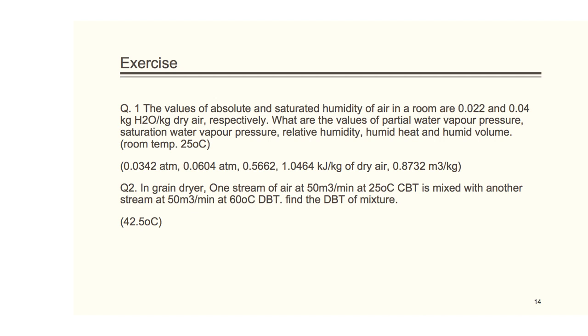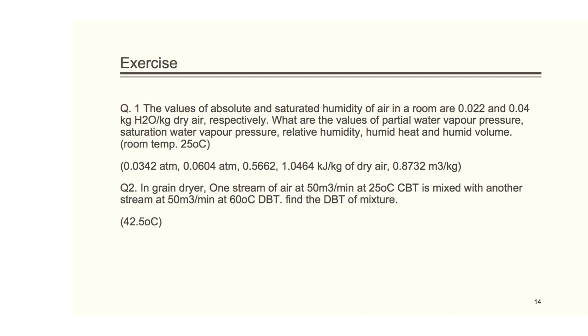Humid heat, we have the formula as 1.005 plus 1.88 into H. So we can put the value of H and find the value of humid heat as well. Humid volume, we have the formula for humid volume also.